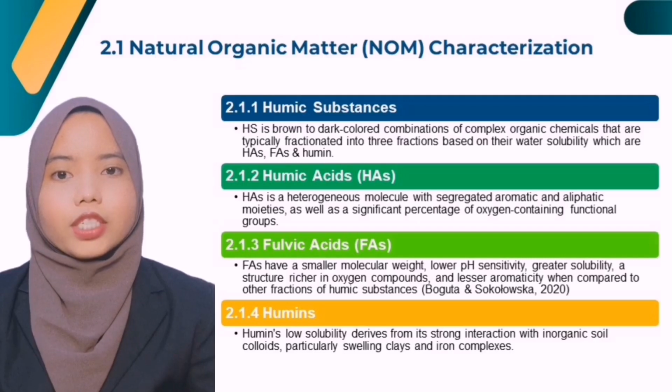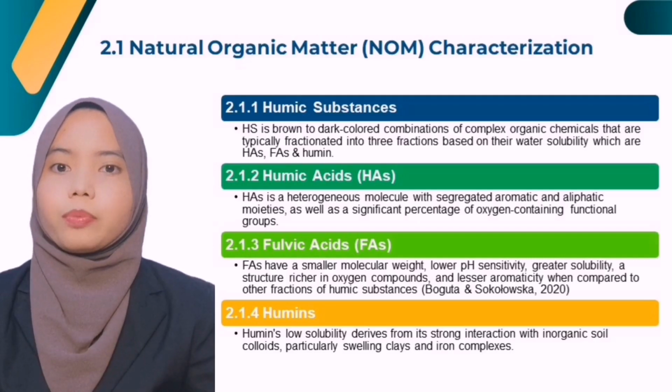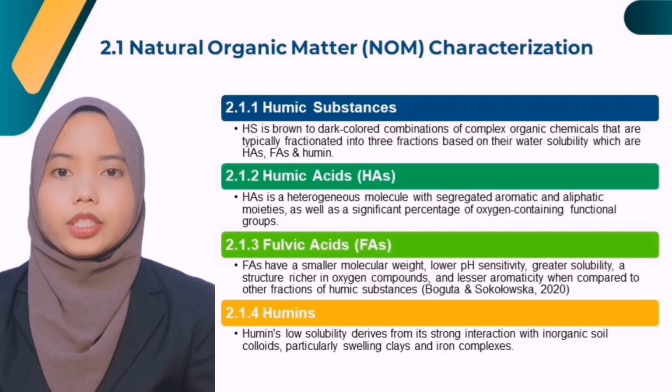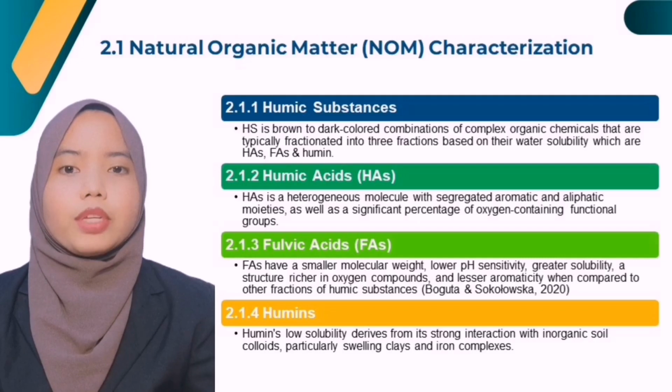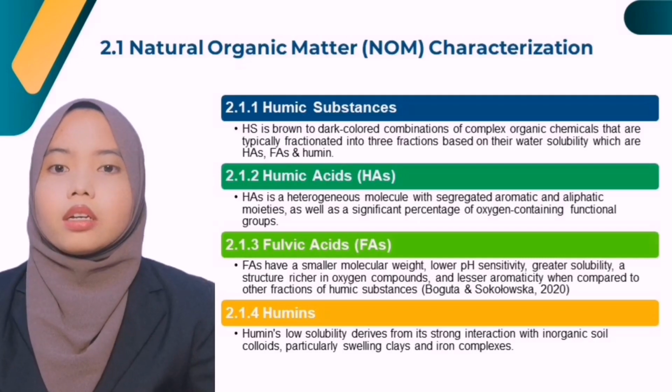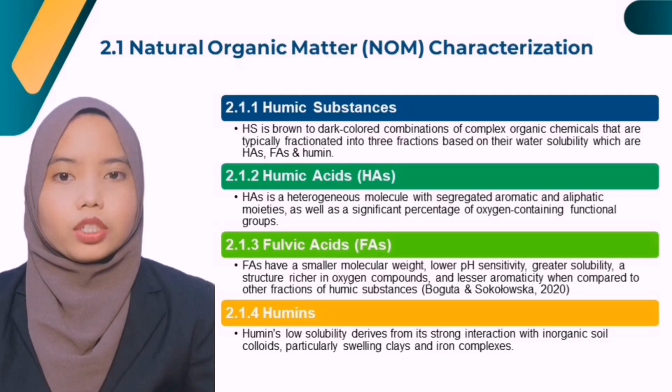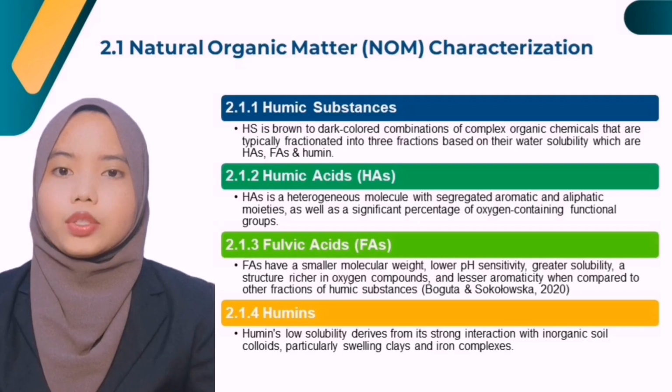Fulvic acid has a smaller molecular weight, lower pH sensitivity, greater solubility, a structure richer in oxygen compounds, and lesser aromaticity when compared to other fractions of humic substances. Humin has low solubility, derived from its strong interaction with inorganic salt colloids, particularly swelling clay and iron complexes.